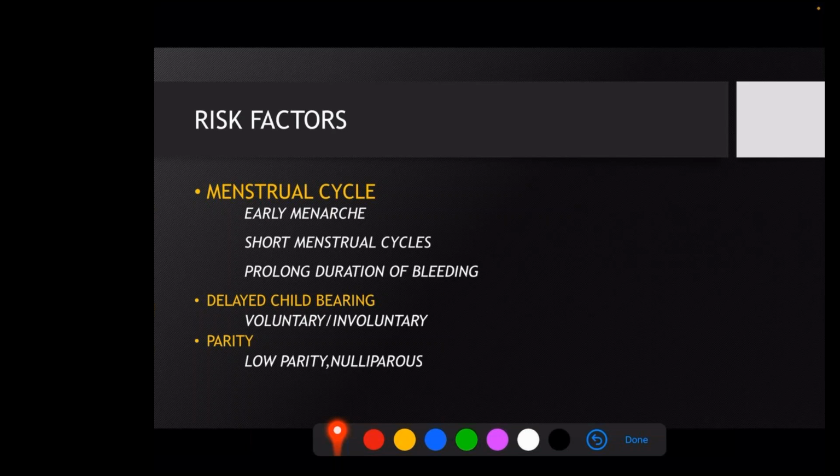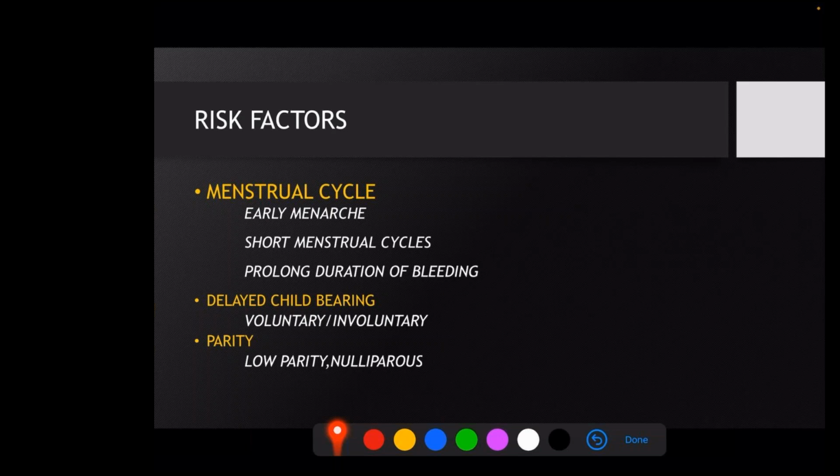Short cycle means less than 27 days interval between cycles, and prolonged duration means more than 7 days of bleeding. Women with a shorter interval between menses and longer duration of bleeding are more likely to have retrograde menstruation and a higher risk of endometriosis.